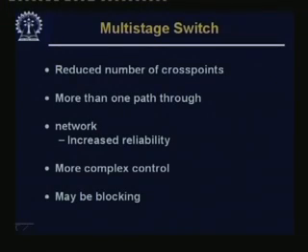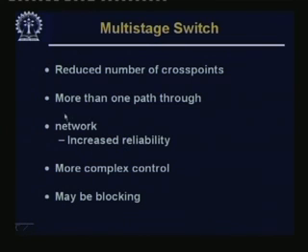The advantages of a multi-stage switch are that it has a reduced number of cross points, and more than one path through the network, which increases reliability. If you remember, in our simple crossbar switch, if one particular switch is bad, one particular pair of users cannot talk to each other. That is not really desirable.